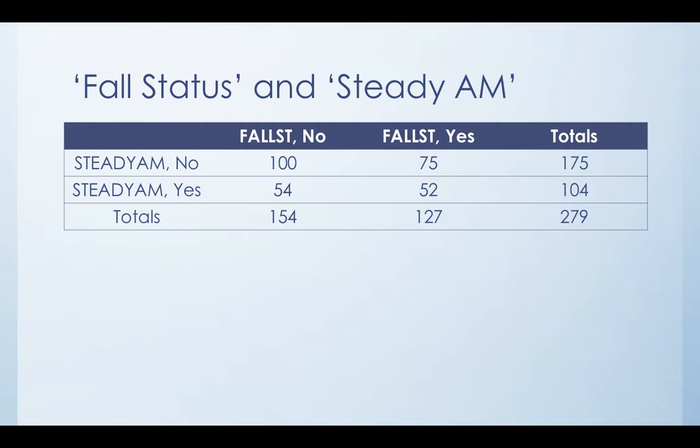And so I can see that 100 out of my 279 reported not feeling unsteady, and they also reported a no. So we can look at the individual components of the 2x2 table along with the row and column totals to get an indication of the breakdown of fall status and steady AM. Now again, we could get fancier with this by reporting percentages, but again, that's just about grinding it out and getting out your calculator and making those calculations.